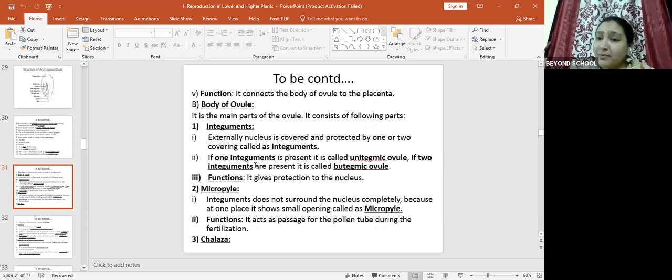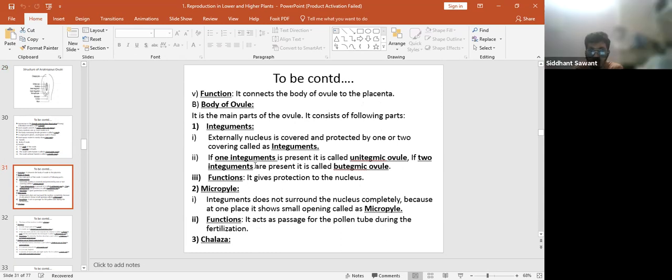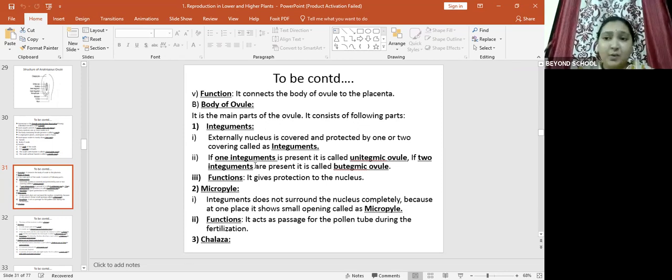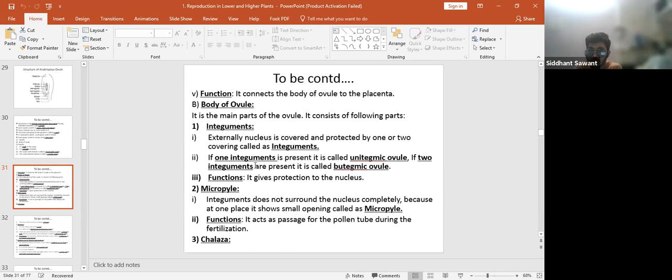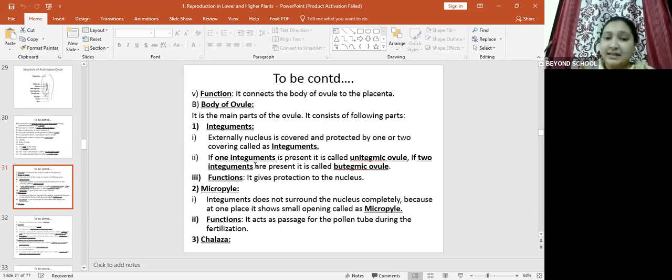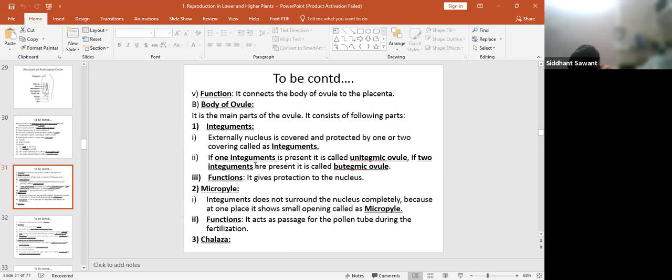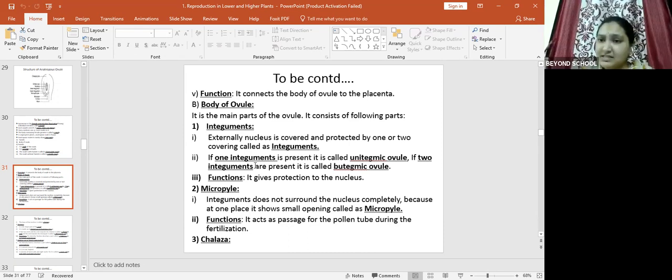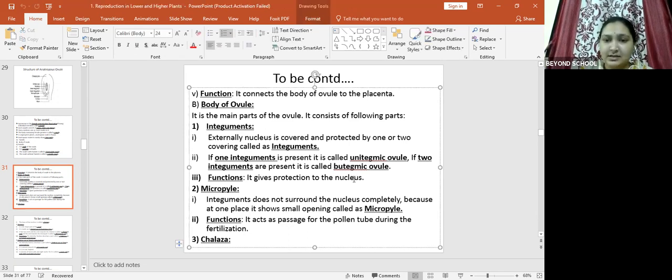Earlier, how many integuments did the anatropous ovule have, dear? I showed you the diagram. How many integuments did you see, beta? Two. So is it unitegmic or bitegmic? Bitegmic. Very good. Now, what is the function of this integument? The function of this integument is providing protection to the nucellus. Okay. Dear, there is a spelling mistake over here, so I'll correct it.